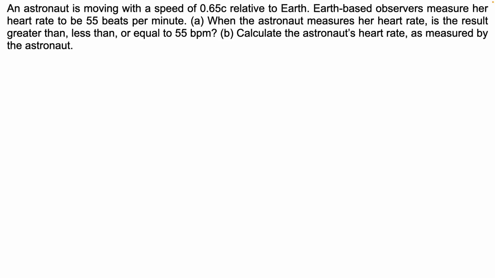Do you remember what it was? 1 over the square root of 1 minus v squared over c squared. In relativity, you might feel like you're guessing about all the physics, but gamma is something you can straight up calculate. So in our problem, where we're given this relative speed, that's the speed that goes into gamma.